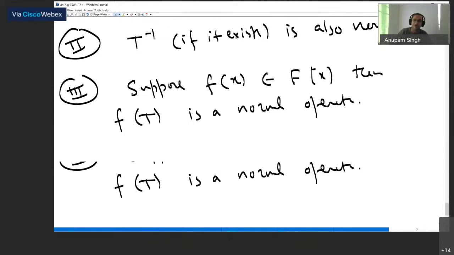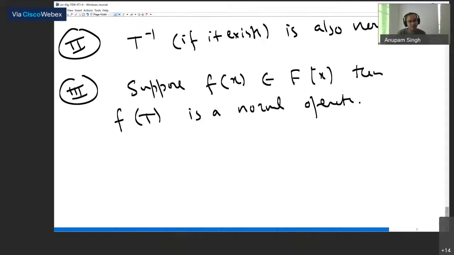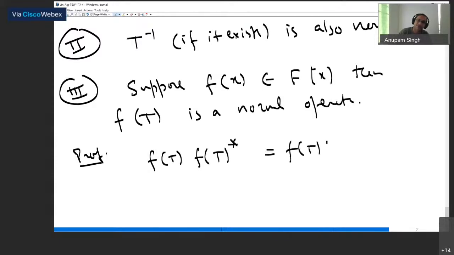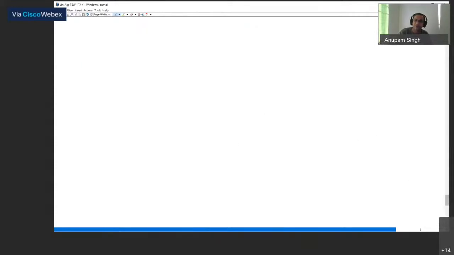So if T is a normal operator, any polynomial in T is always normal. And the proof is actually very easy. To prove this, I have to prove that f(T) into f(T) star is f(T) star into f(T), right? So what does this mean?